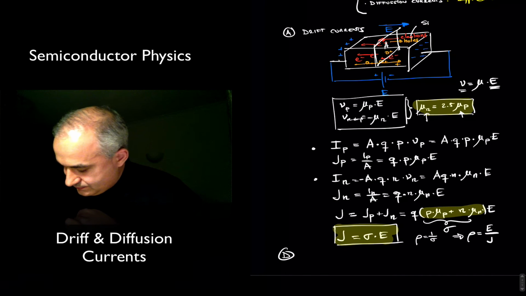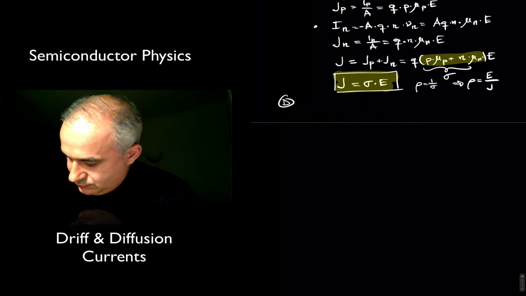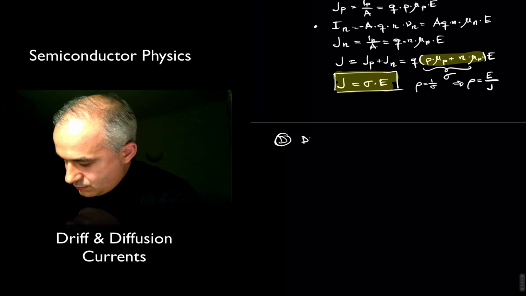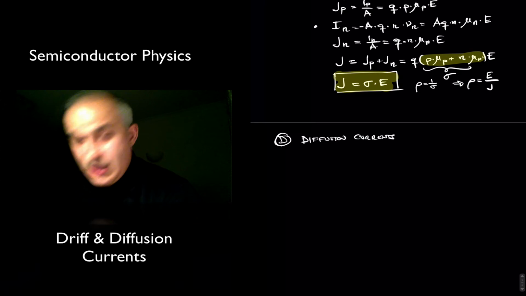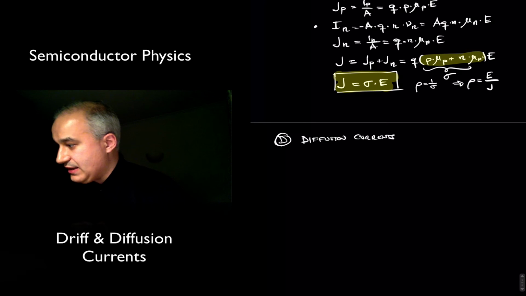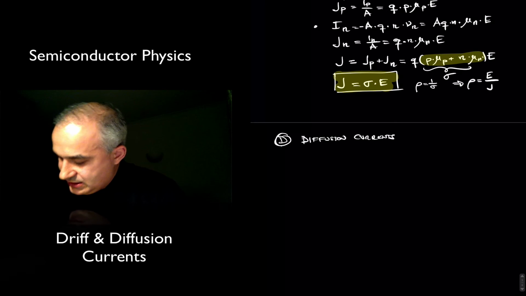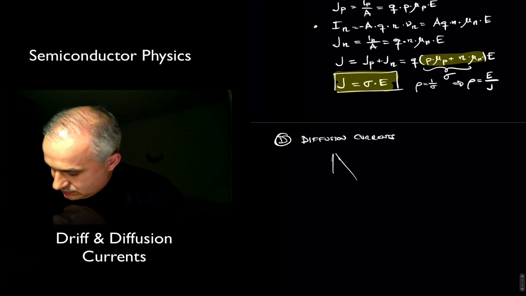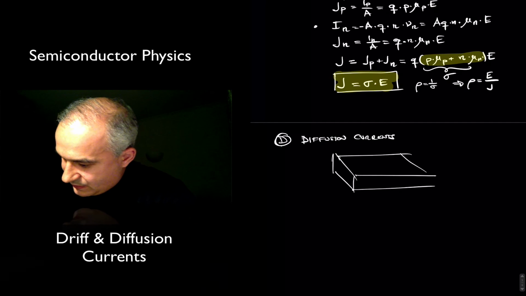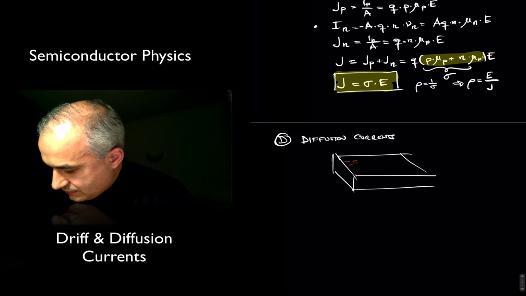Okay, so let's look now, quickly, at diffusion currents. I have mentioned that in the case of diffusion currents, they are due to differences in concentration, meaning if we were to plot this, we have a material, and for instance, let's consider a lot of free electrons.